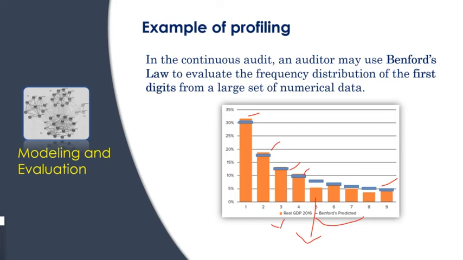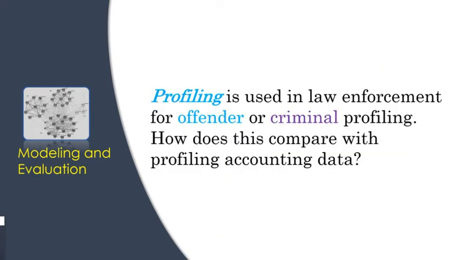We can analyze the abnormal behavior of the data by using profiling. For example, profiling is usually used in criminal investigation. Law enforcement usually uses it for offender or criminal profiling.